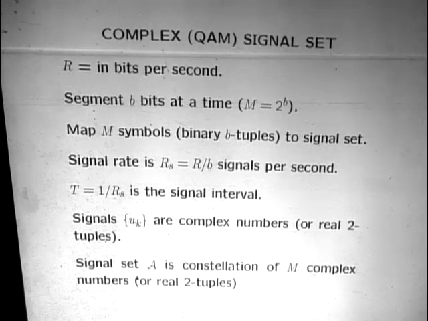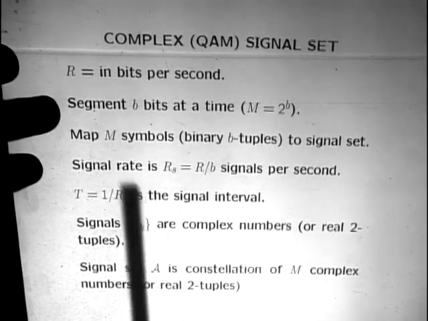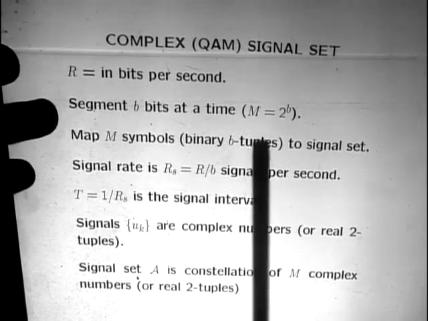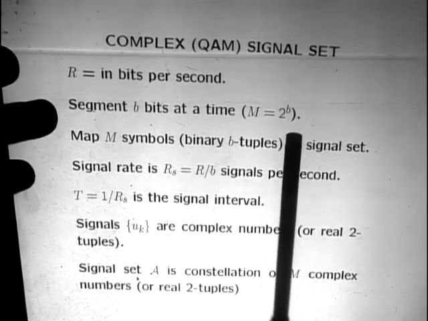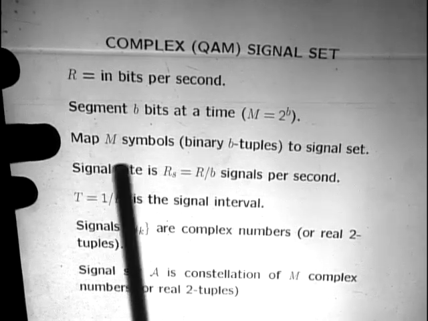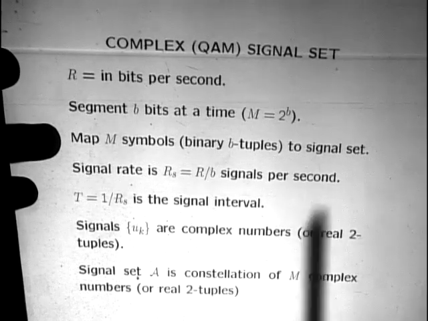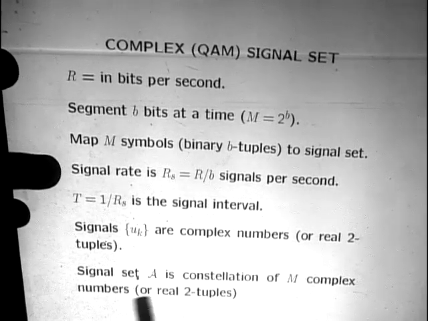You know, that's the figure you're interested in when everything is done. How many bits per second can you transmit? We're going to segment this into b bits at a time. So we're going to have a symbol set with 2 to the b elements in it. We're going to map these m symbols, which are binary b-tuples, into elements from the signal set.